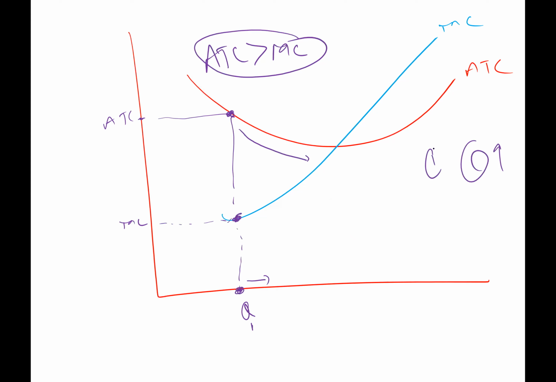Whenever every total cost is greater than the MC, what is your decision? Produce more. Because producing more will decrease our cost, right? When our cost is decreased, our profit will be maximum. Understand?